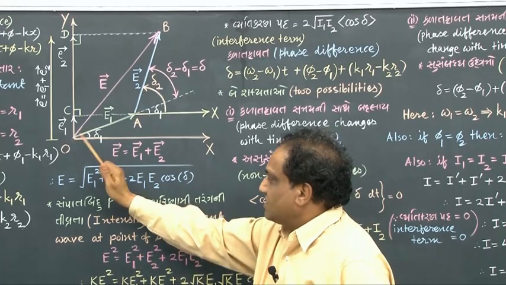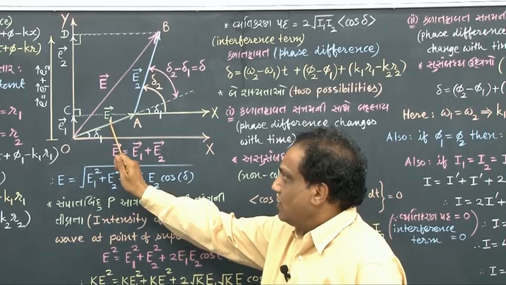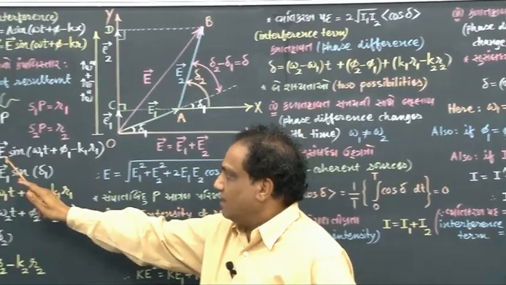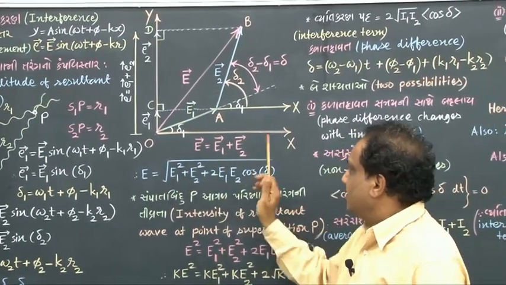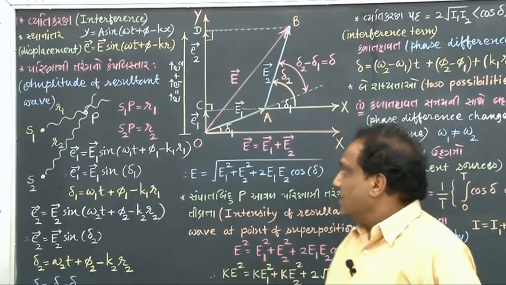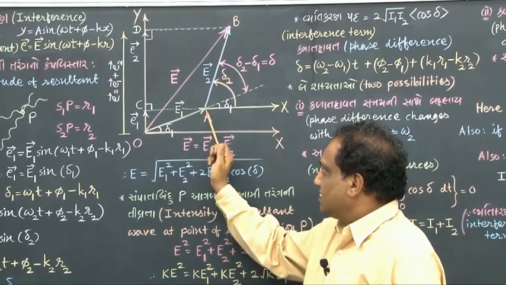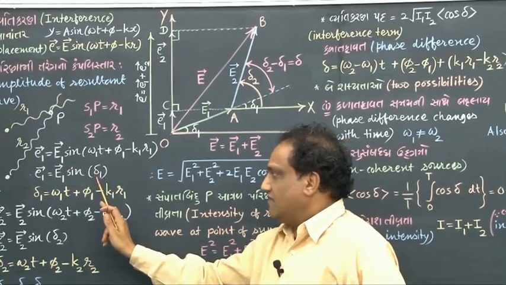Look, this first phasor, that is vector OA, has length equal to amplitude of first electric intensity vector, that is vector capital E1, and it makes angle delta 1 with x-axis, which is nothing but phase of first wave, and component of E1 opposite to delta 1, which is this much or this much, will give you E1 sin delta 1.